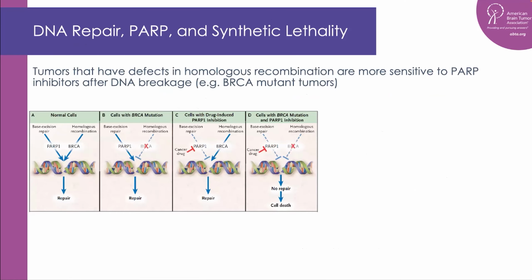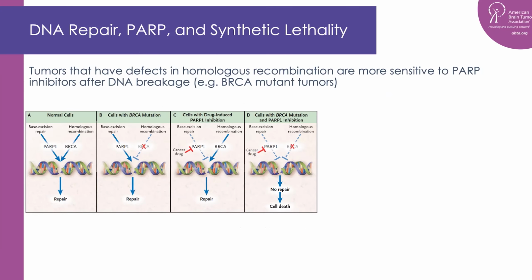So I mentioned that the IDH mutant tumors have some specific alterations in DNA repair. And one of these relates to this homologous recombination pathway. Won't go into details, but cancer cells have a way of repairing the DNA. A lot of the standard therapies we use, like radiation and chemotherapy, temozolomide, basically try and inhibit the cancer cell's ability to duplicate the DNA and divide into two cells.